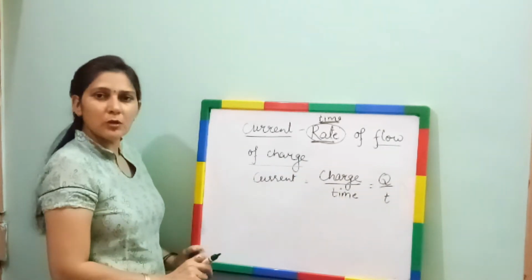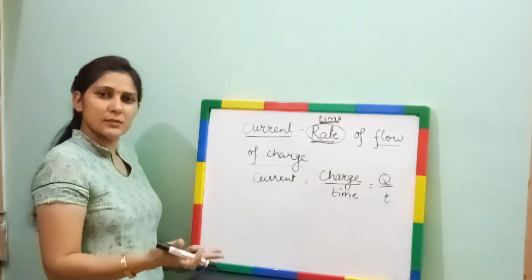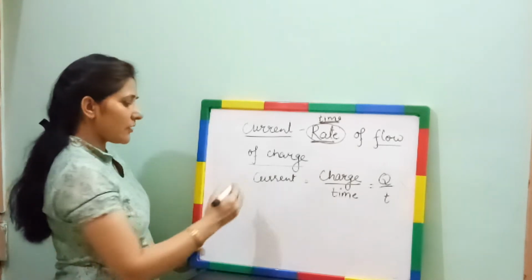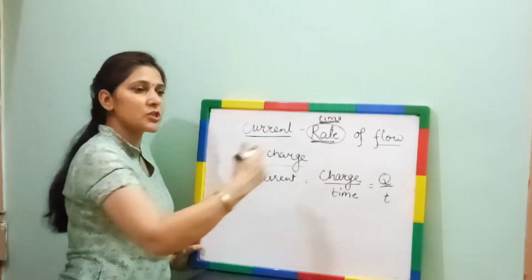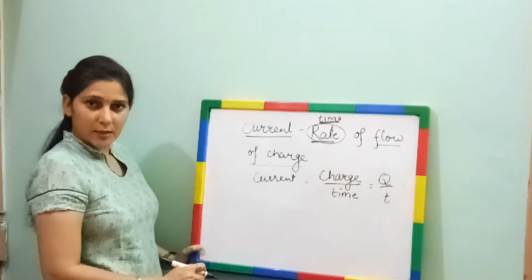If we are talking about a particular conductor or a particular substance, we are always aware that there are a number of electrons which are responsible to carry charge from one place to another place.